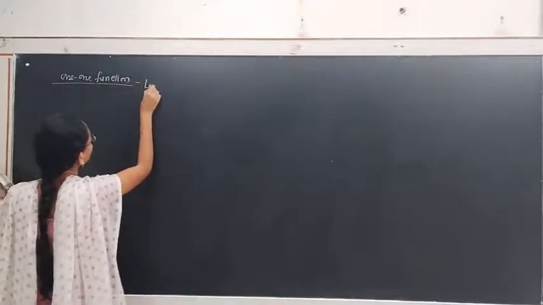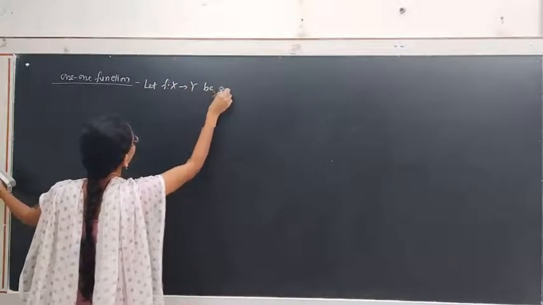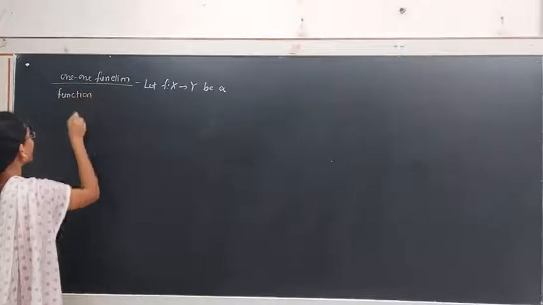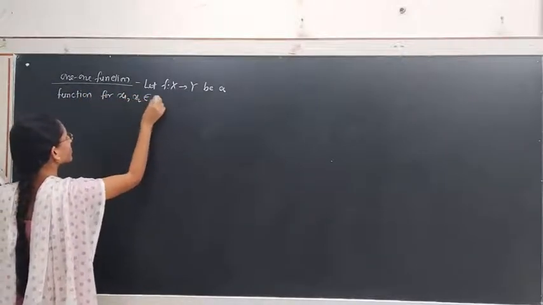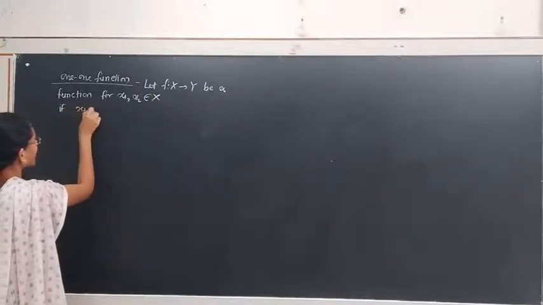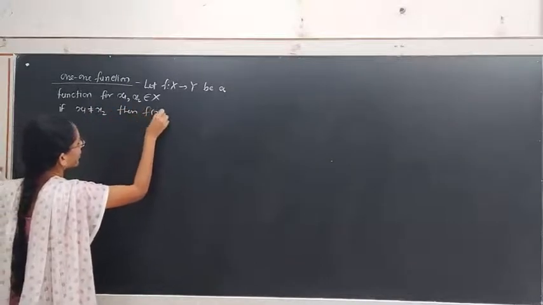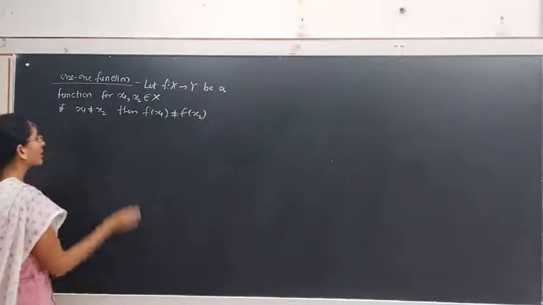Let f from X to Y be a function, for x1, x2 belongs to set X. If x1 not equal to x2, then f of x1 not equal to f of x2.